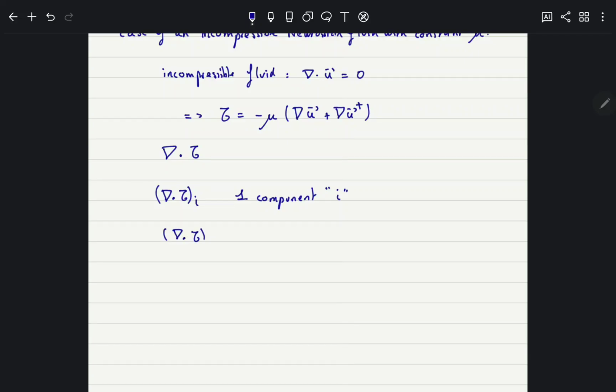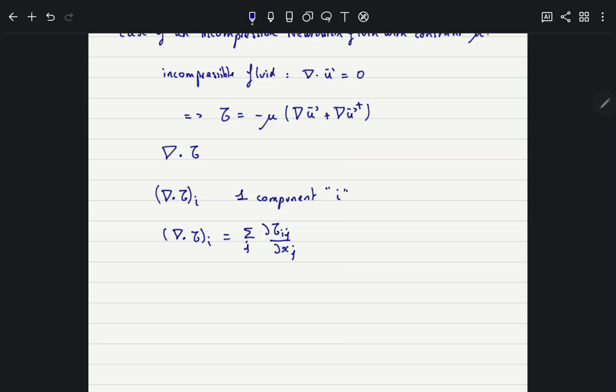Basically, since we apply that nabla operator, this will be written as the sum over j of the partial derivative of tau ij with respect to xj.